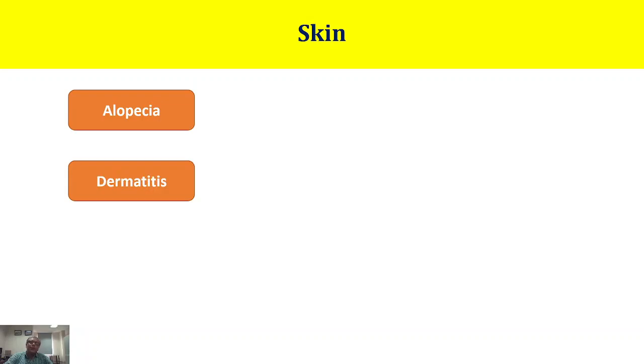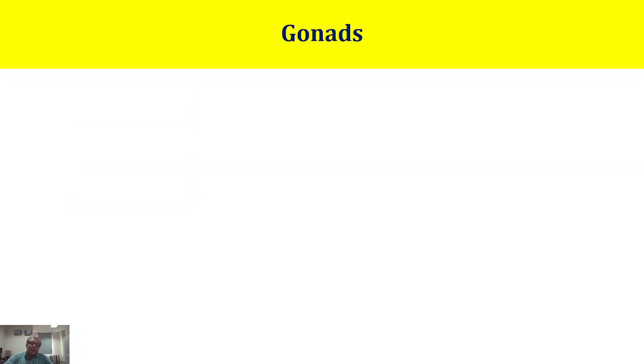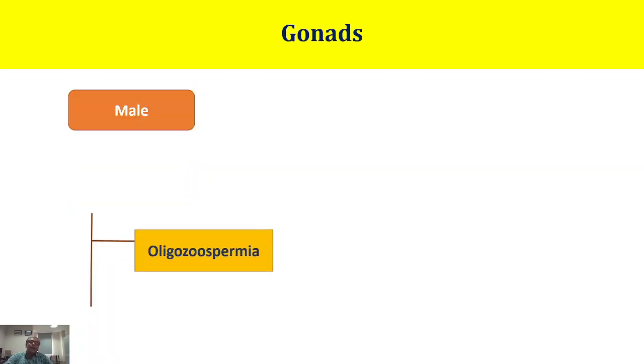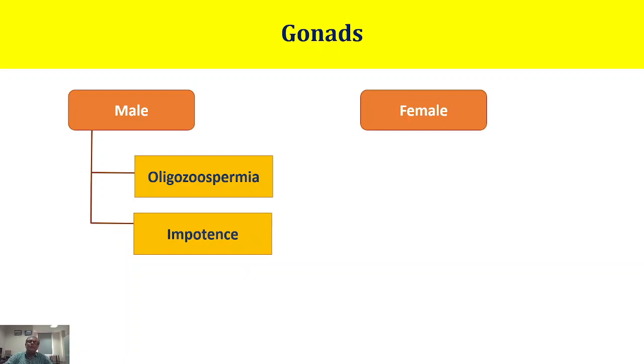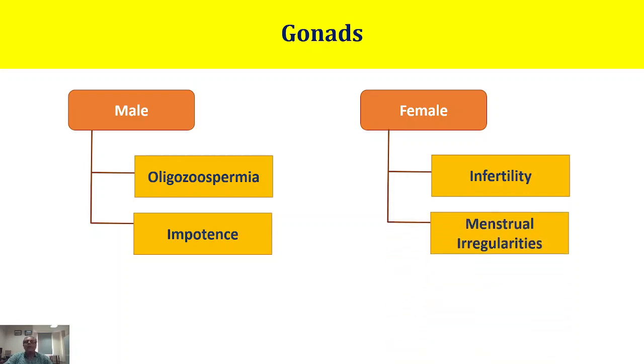The skin, again, the hair follicles are common target organs, and damage to the hair follicles will be reflected in alopecia and dermatitis. Gonads are again primary target organs. In the male, it will lead to a decrease in sperm count, that is oligozoospermia, and impotence, while in the female, it will be reflected in inhibition of ovulation, which results in infertility and irregularities in the menstrual cycle.